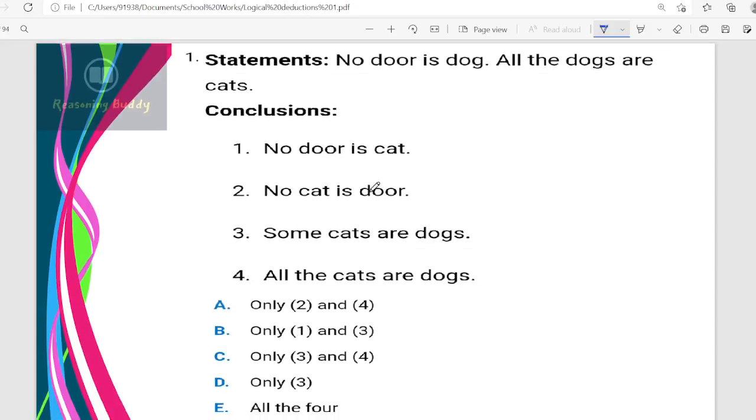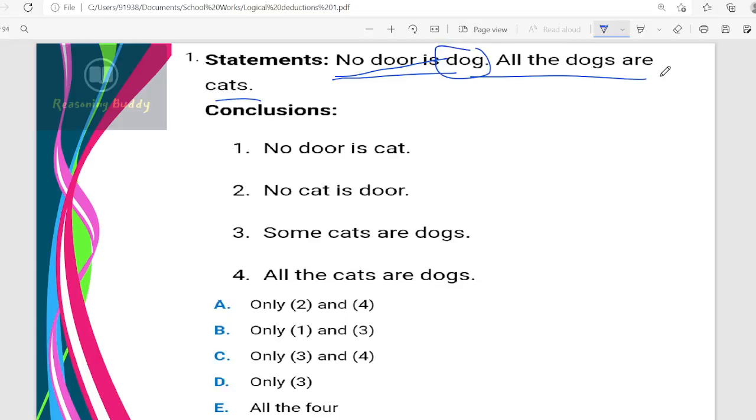See here, in this type of questions you can get either-or as a must. So if you do the problems you can understand. See this, no door is dog, all dogs are cats, so the common term is dog.